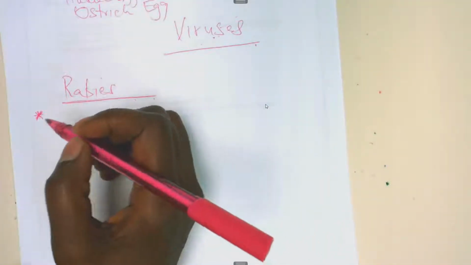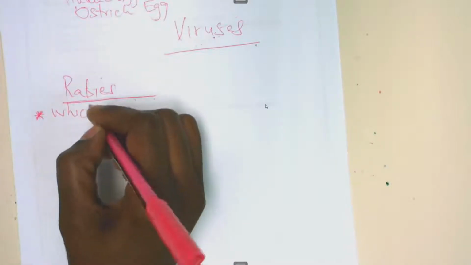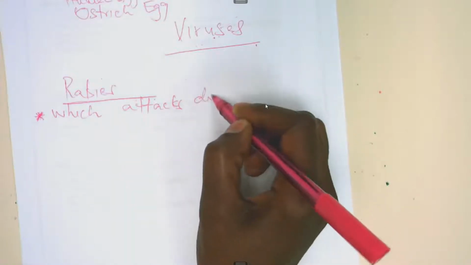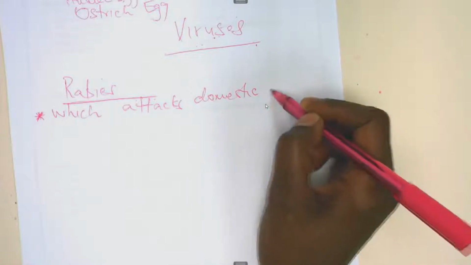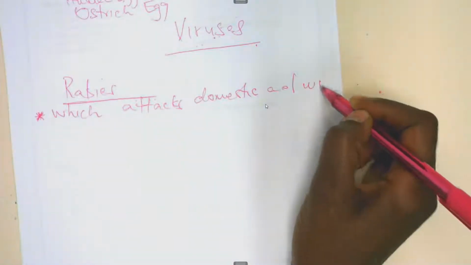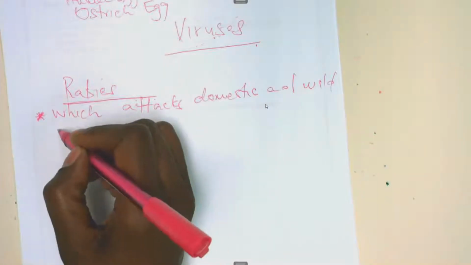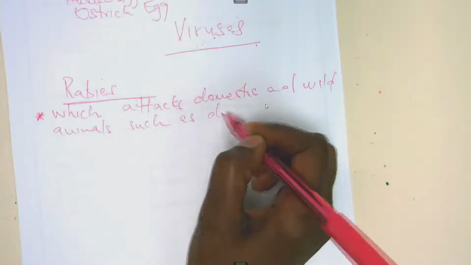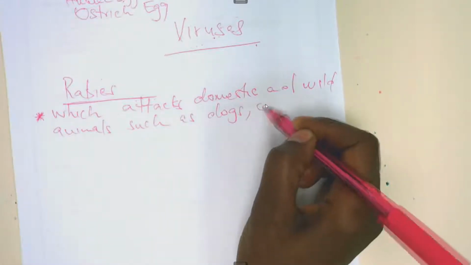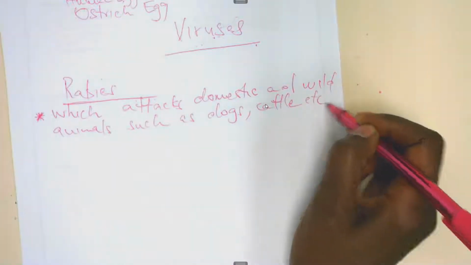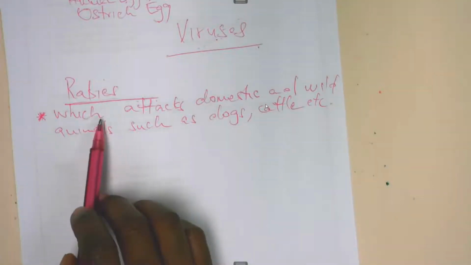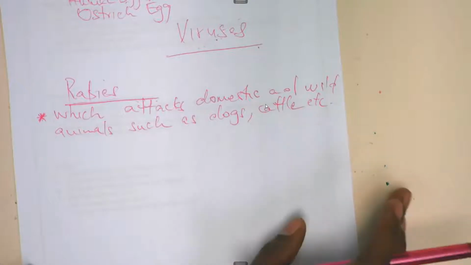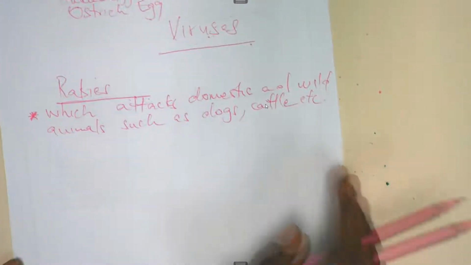Rabies is caused by a virus which attacks domestic and wild animals such as dogs, cattle, etc. So rabies is a disease which attacks domestic and wild animals such as dogs and cattle and other animals that I won't mention here.